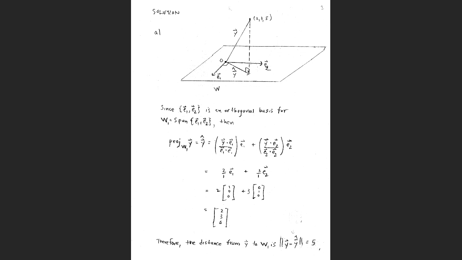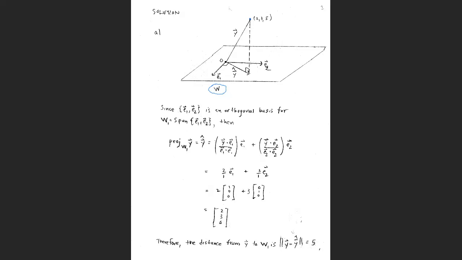I have vectors E1 and E2 drawn, and they are in a plane, actually the XY plane, right? W here is the span of E1 and E2, and I've drawn the point 235 outside of the plane W because the coordinate 235 is not in that plane.